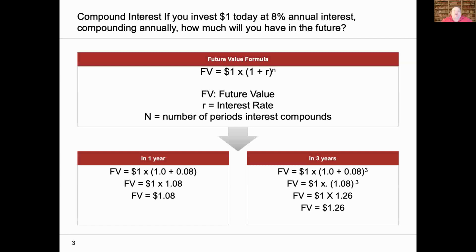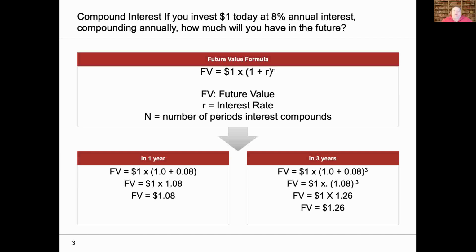Over multiple years, because the interest is compounding, you won't simply have $1.08 and $1.08 and $1.08. Rather, you'll be earning interest on interest. In the second year, you'll earn 8% of $1.08, and so on.